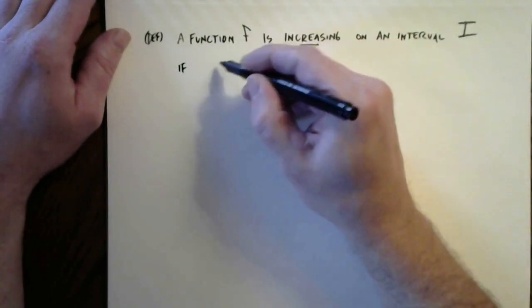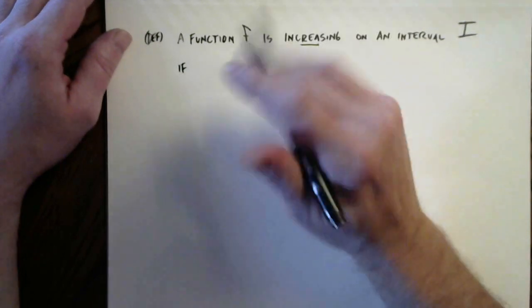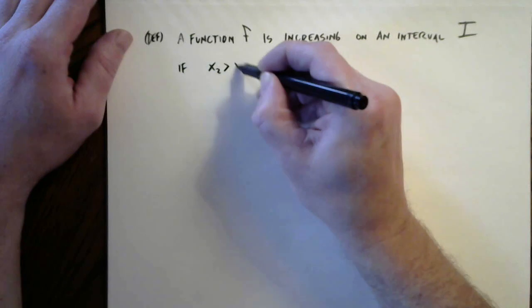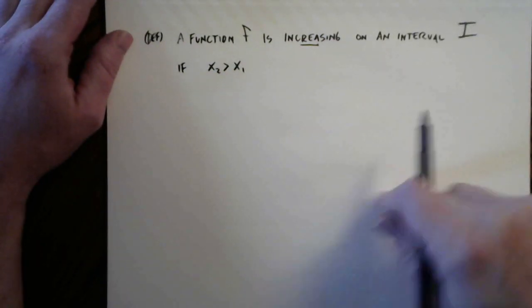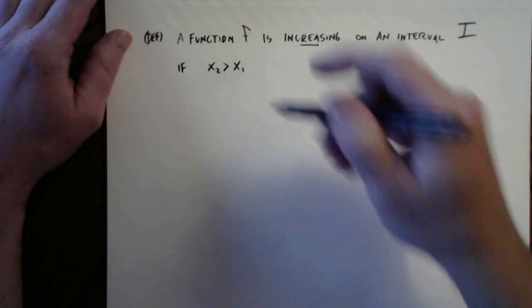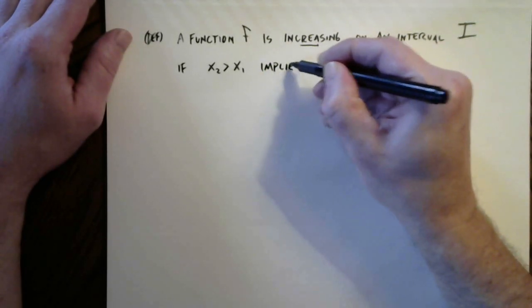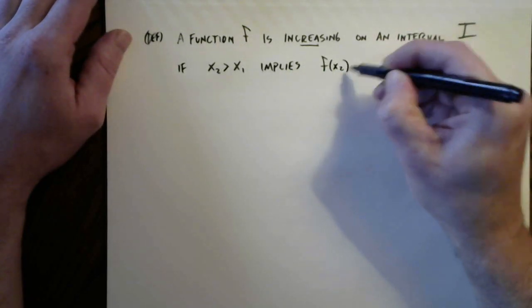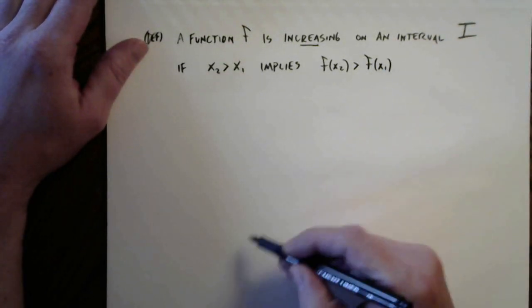If, and this seems more technical than it needs to be, but there's a point that I want to make. If a bigger x value, which would be to the right of the first one, means that the function is of greater value.